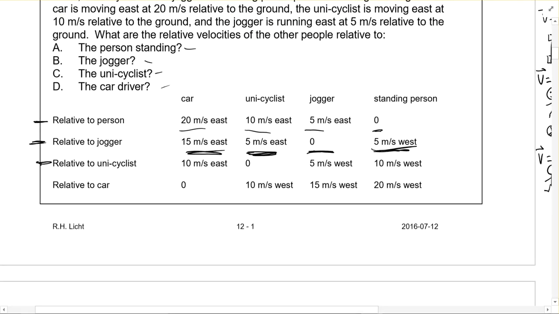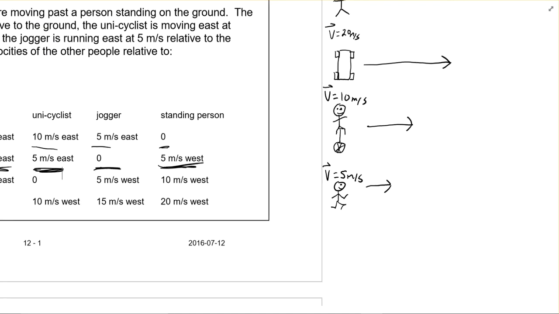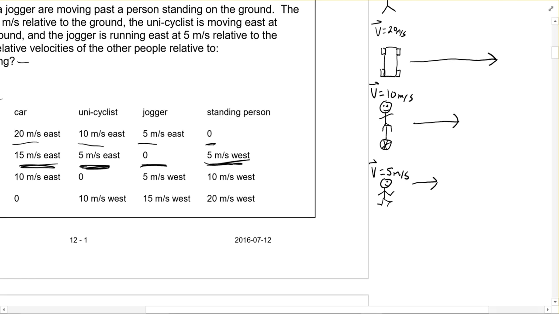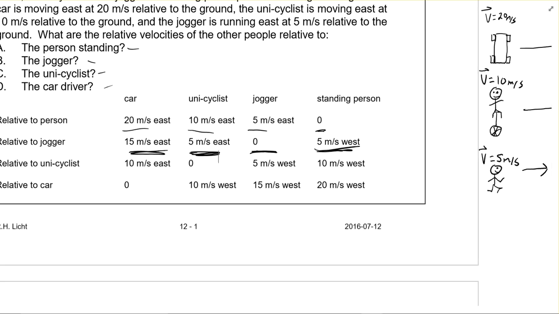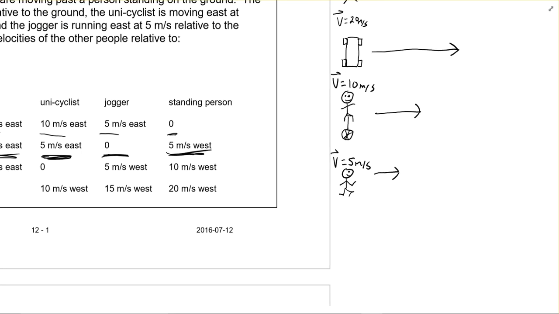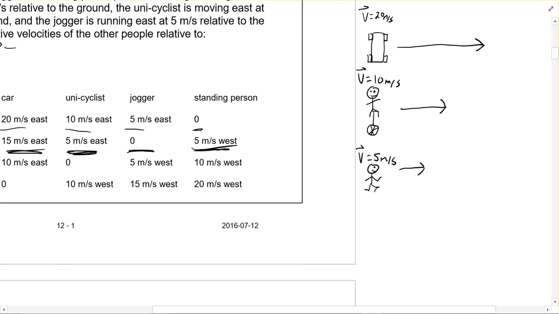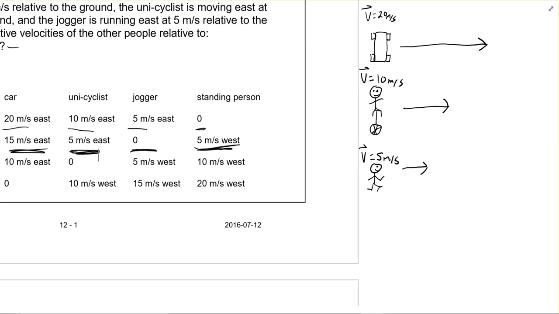So now what we're going to do is think about the unicyclist over here. We're going to put our finger on him and say, okay, now he isn't moving. He's going 0 meters per second. What's everything else going relative to that? So let's compare him to the jogger.